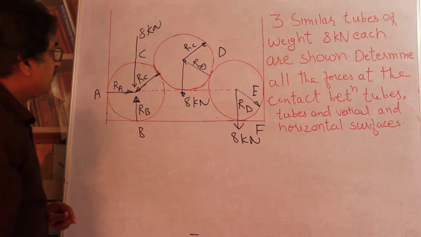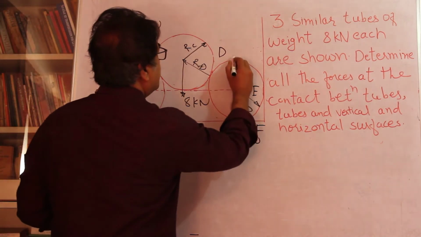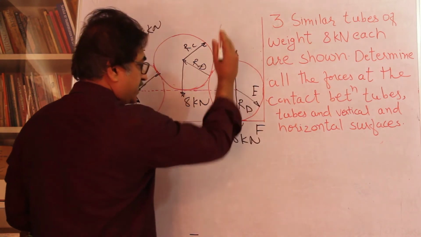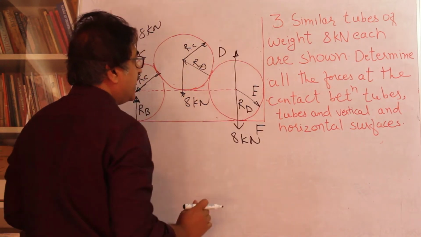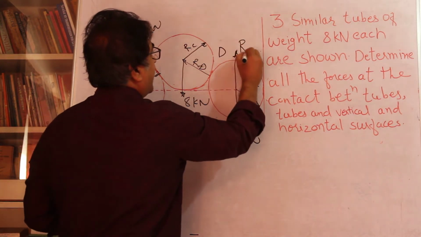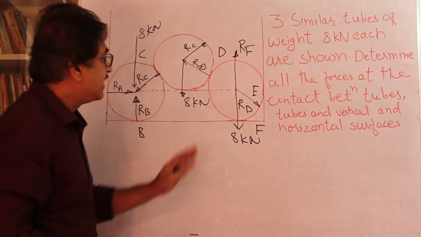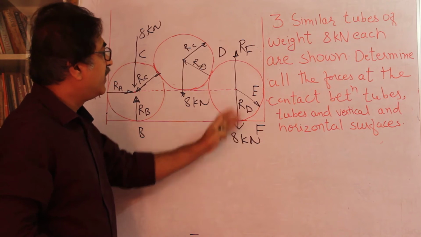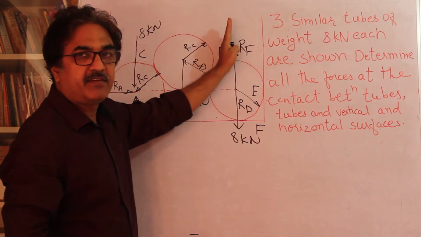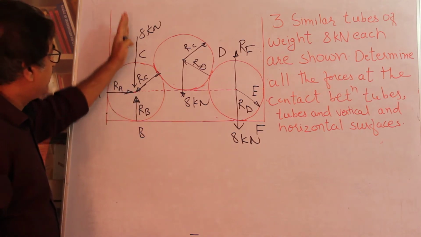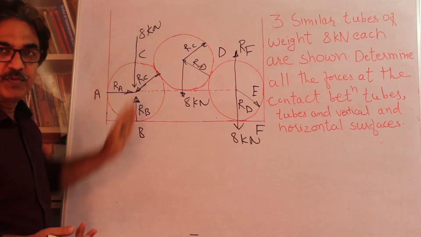Obviously there is going to be an upward force, which I am drawing here. The upward reaction from this, which I am going to show here, is RF. Please understand this. I can show RF here or here in the same line. I have shown weight downward and reaction upward. I have shifted it upward here. Here I have shown the reaction, so I am showing weight here. It hardly matters. It should be in the same line.